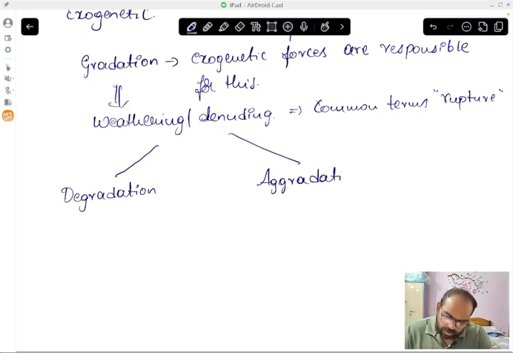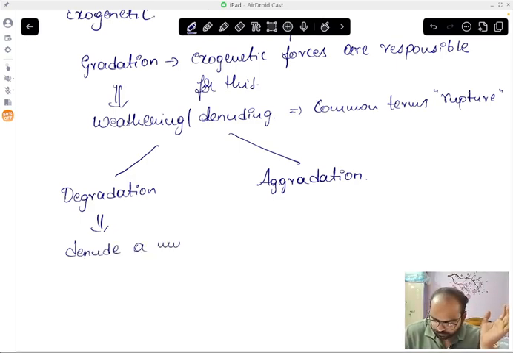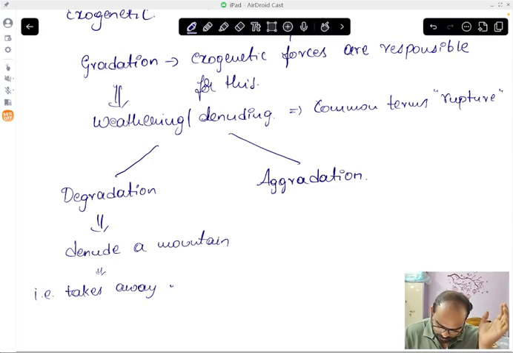So what happens in degradation? In degradation, water, wind, or any other natural element can denude a mountain, that is, take away its features or materials.